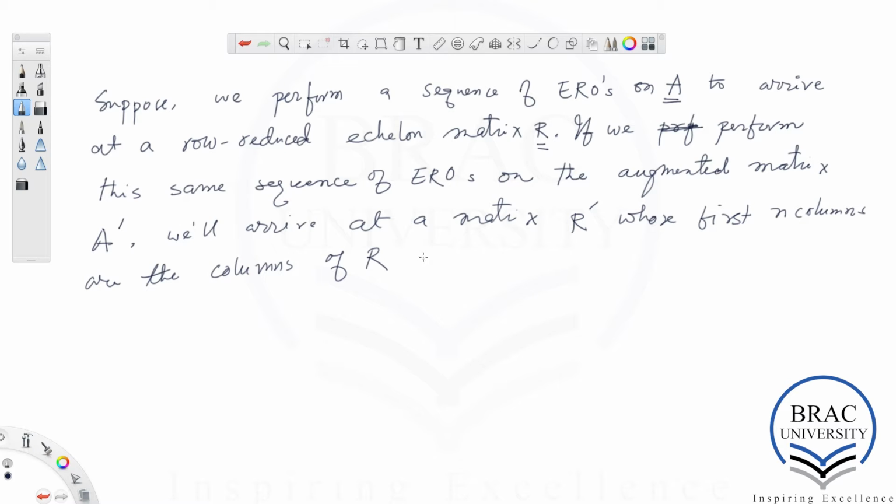Okay, and whose last column, the last column of this matrix R prime, contains some scalars from the underlying field over which this matrix A is defined.